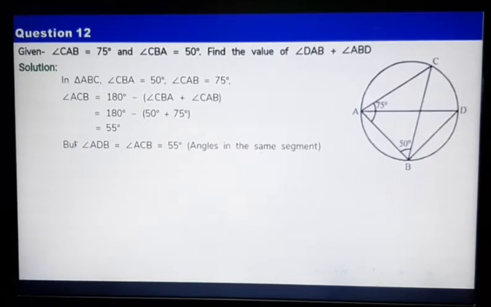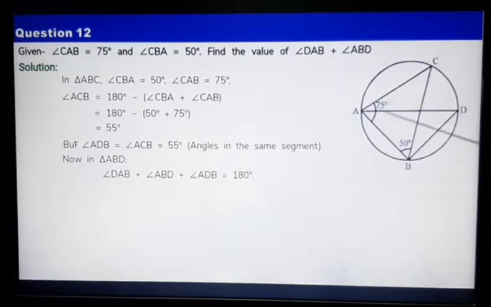Now as I said, in this triangle ABD, this angle plus this angle plus this angle will be 180 degrees. So let us put the value of whatever we know.